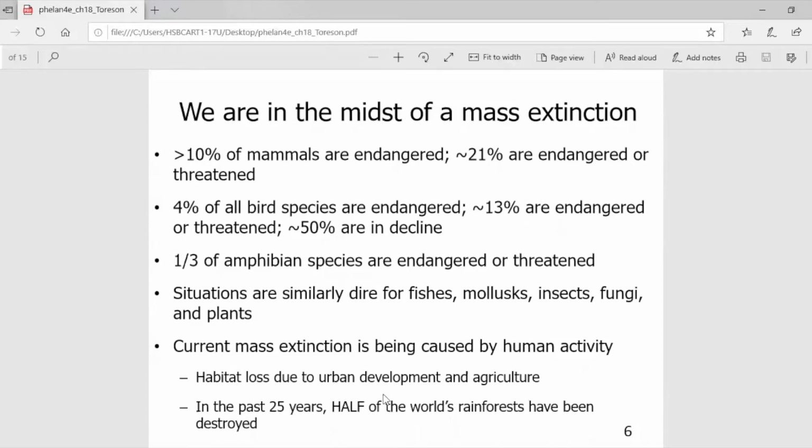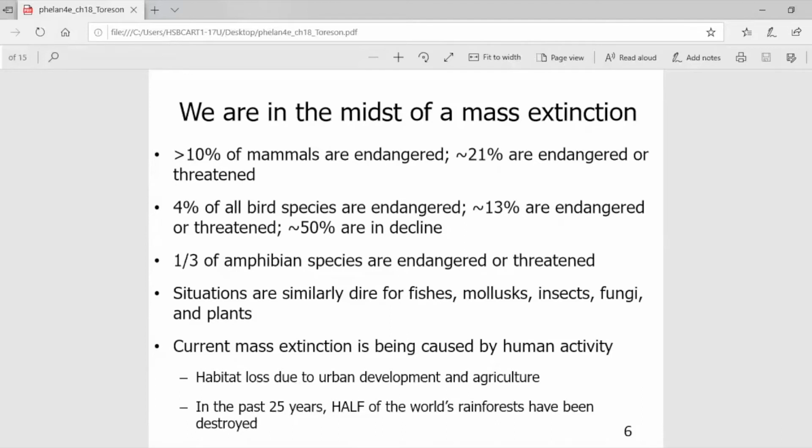Humans are developing larger urban areas, and with an increasing population of humans, we need more and more food. So a lot of habitat is also being lost as forests and fields are clear cut for agricultural purposes.